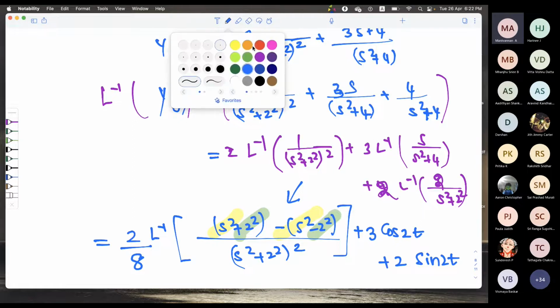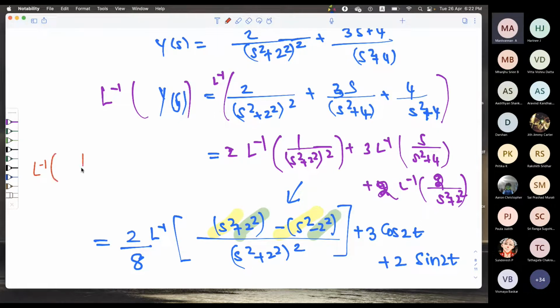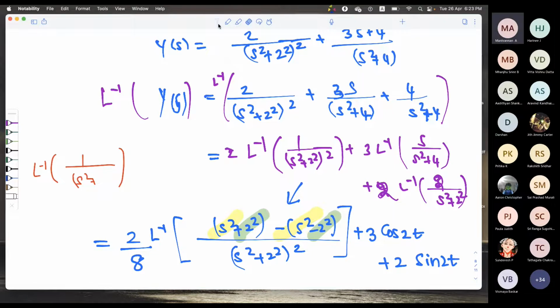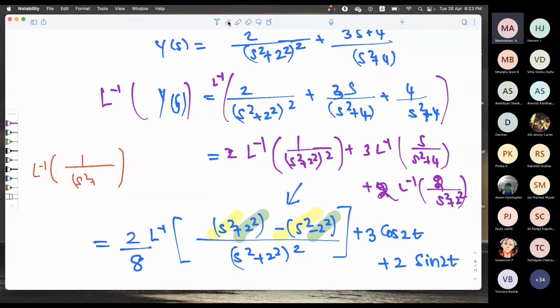The thing is L inverse of 1 divided by (s square plus 2 square) whole square. If this whole square is not there, then it can be solved easily, right? So multiply and divide by 2, we get easily 1 by 2 sine 2t. Am I right?